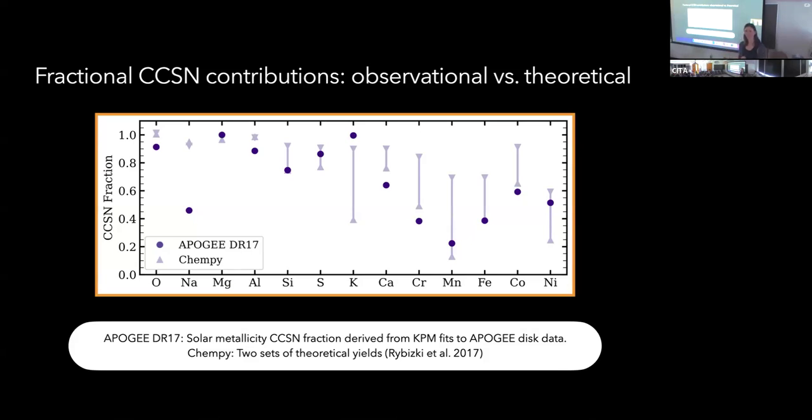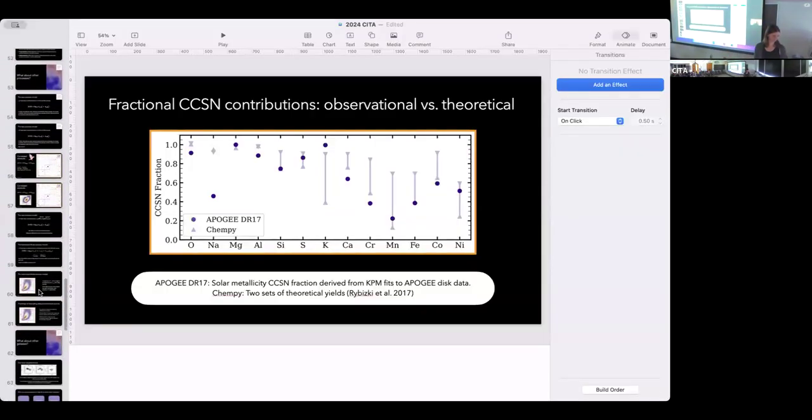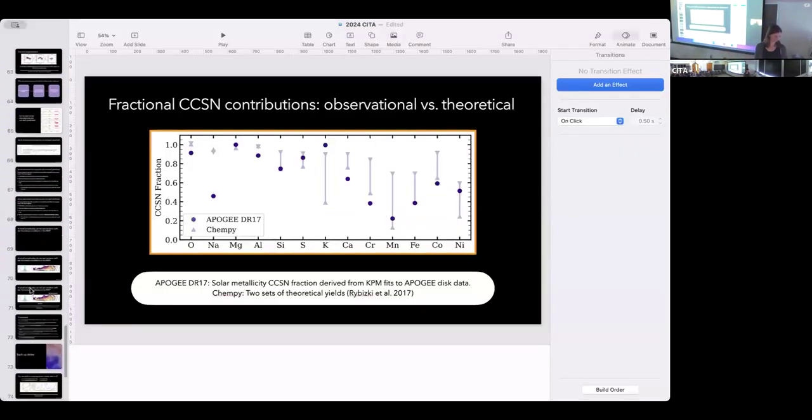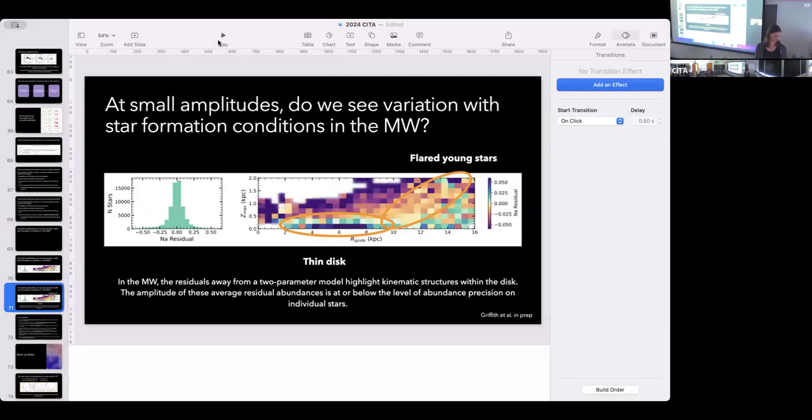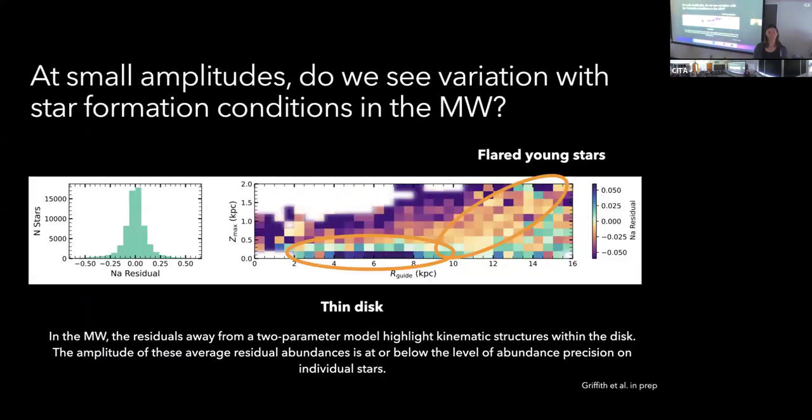Thanks for the really interesting talk. I was curious, when you showed the slide on residuals, the trends in residuals with location, if there are also trends with environment, or if that's something you can begin to pull out. Like what types of environment? Globular cluster versus field stars.